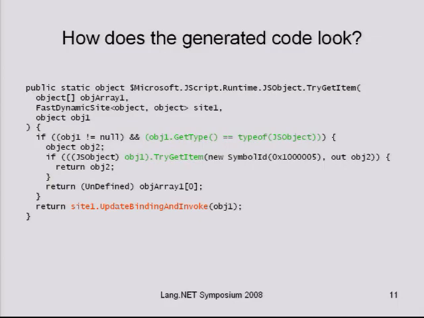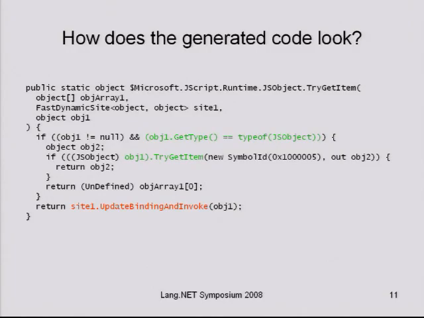And then there is this call at the bottom, update binding and invoke. This will be called if at a later point this rule gets invoked with arguments that fail the test. It will just fall through all this and come here.